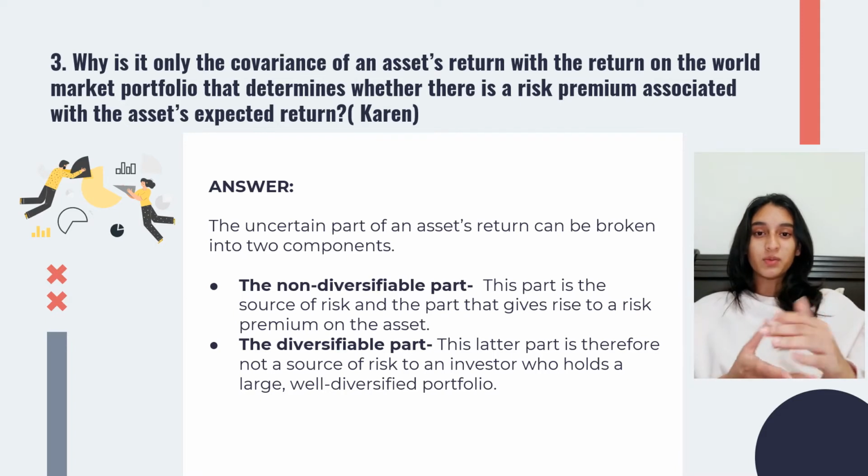In the second part, we have the fraction of the asset's risk that is diversifiable and hence does not contribute to the variance of a big, well-diversified portfolio. This is the other component of the uncertain element of its return. This latter part is therefore not a source of risk to any investor who holds a large, well-diversified portfolio.